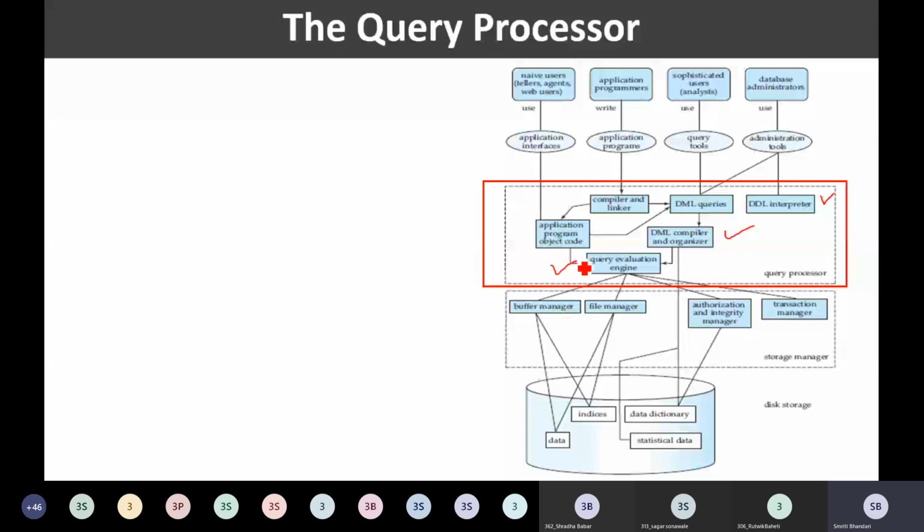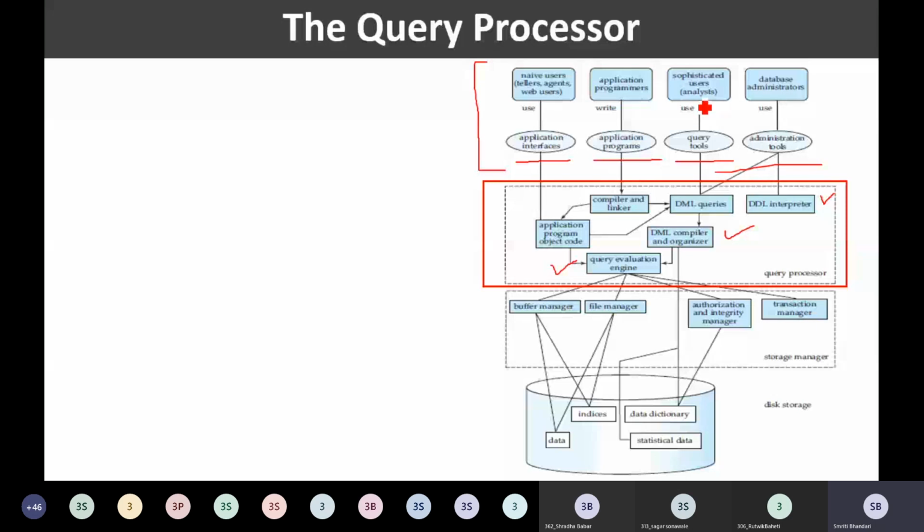As we discussed, at the top level we are having different kinds of users, and these users are making use of certain interfaces, maybe the application interface, the application program, the query tools, those being used by the sophisticated users or the analysts, right?